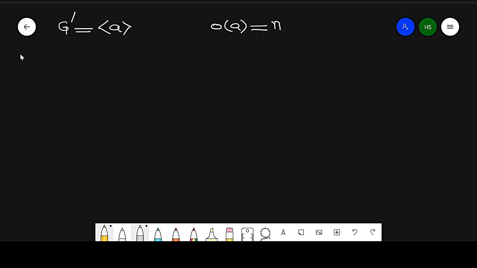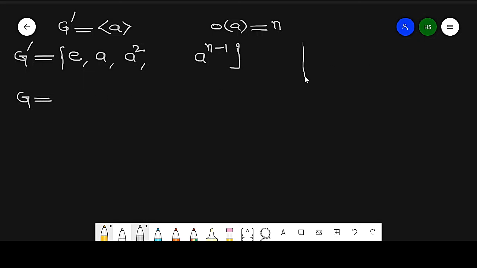It means it has elements E, A, A square, up to A raised to power n minus 1. So it is a cyclic group of order n. And G is the nth roots of unity.